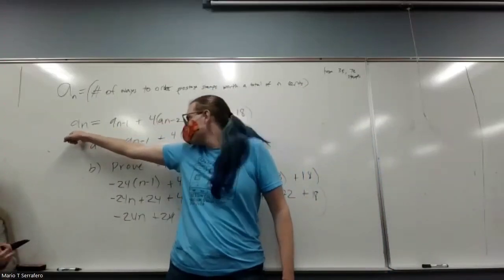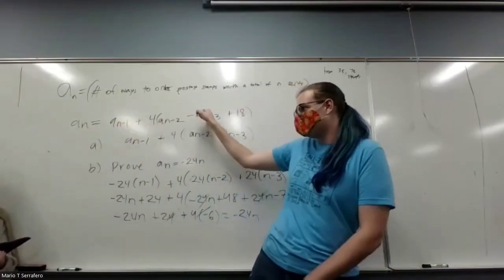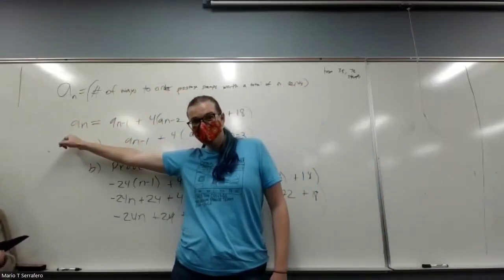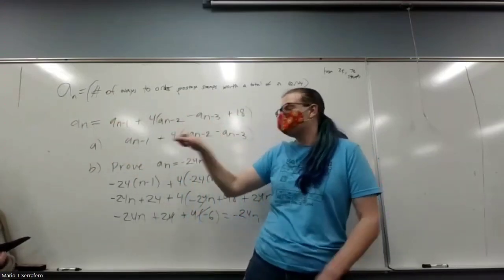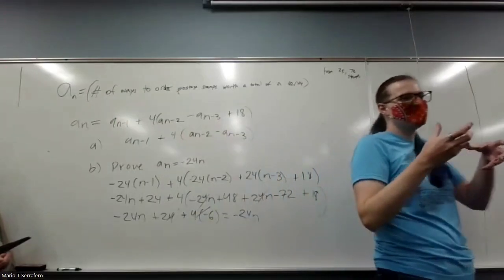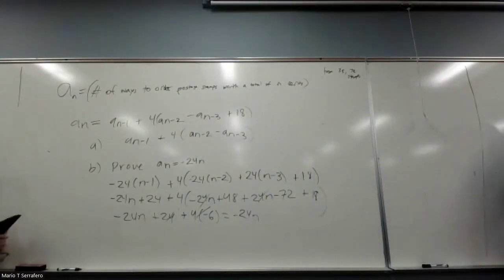So I'm plugging in the minus 24n for a sub n minus 1, a sub n minus 2, and a sub n minus 3, but not for a sub n, because I'm trying to show that if I put it in for those, it will come out to what I hope a sub n becomes. So a little tricky note there that could catch people unawares.